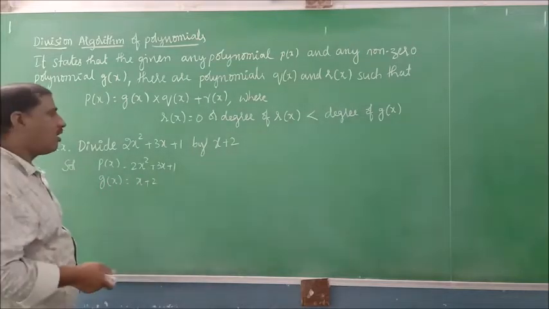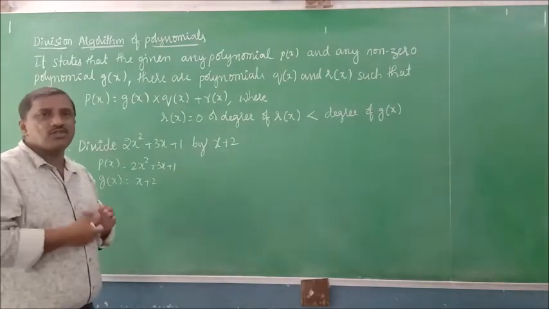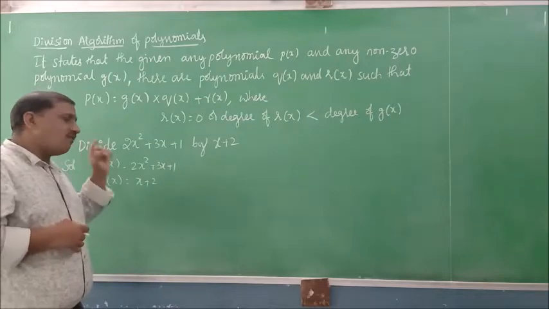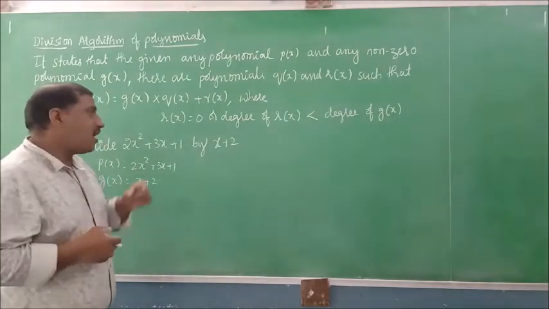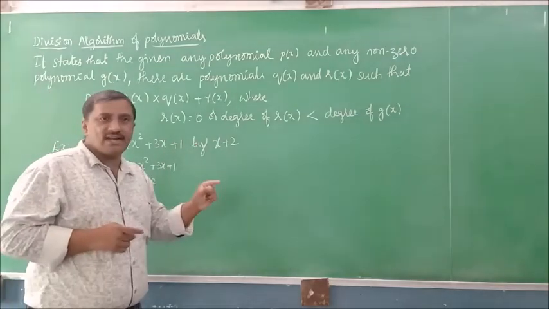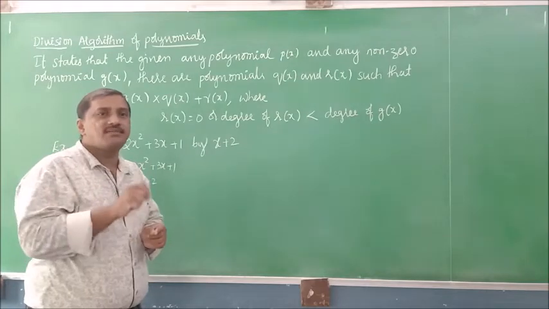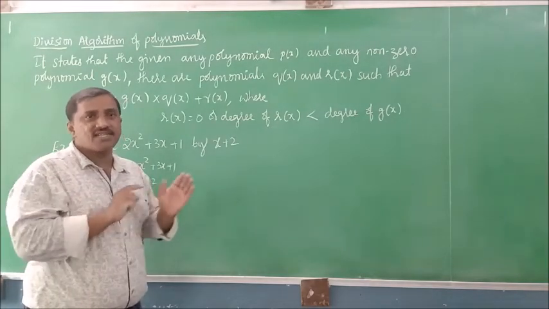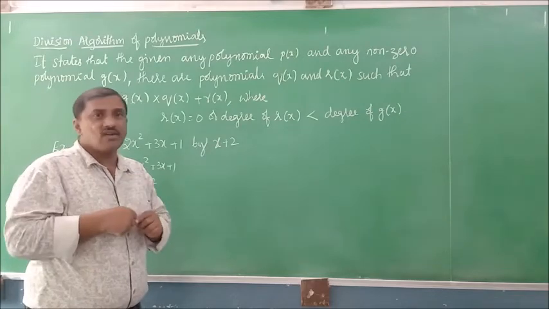How to divide the polynomials? We have studied this in the 9th standard. There are a few steps, and I will revise those steps again. While dividing, remember these steps. Always divide the first term of the dividend with the first term of the divisor to get the quotient.